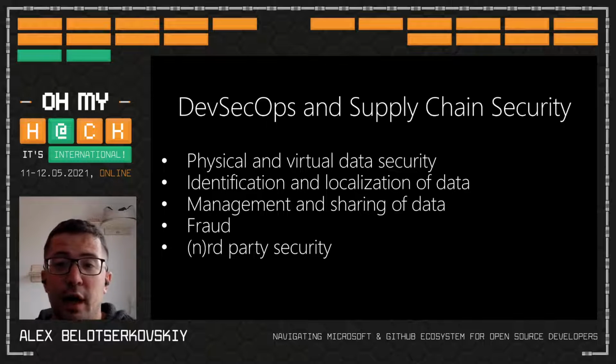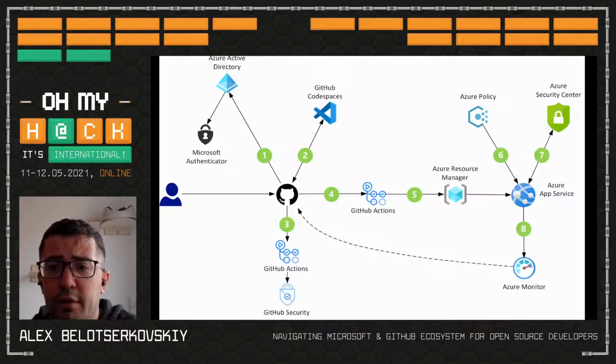Management and sharing of data: how to ensure that we have data there and need to put it here, and how to ensure that we are pulling out correct data from the correct sender. Fraud, of course, a lot of fraud, and third-party security. And all of these categories are covered by GitHub.